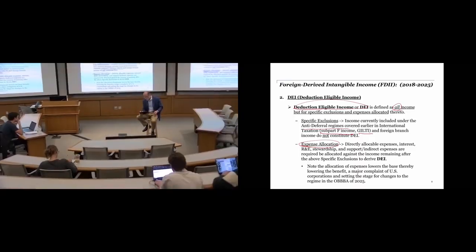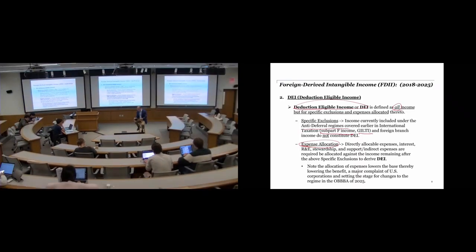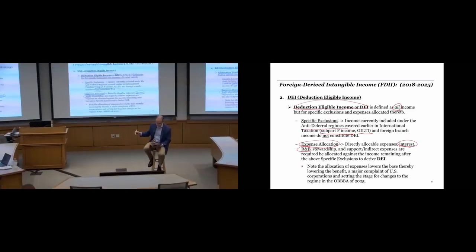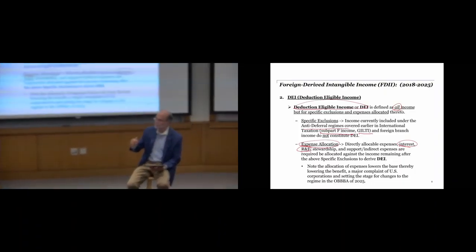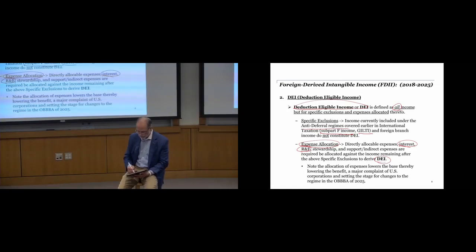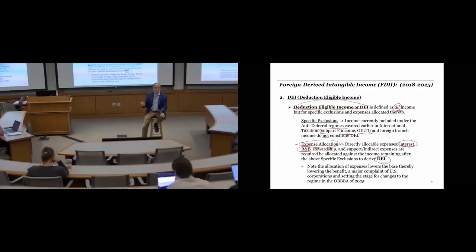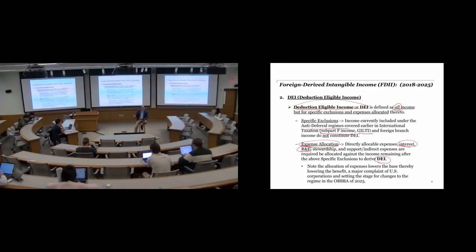Now I do have to do expense allocation. Directly allocable expenses are the expenses that directly relate to that income. Interest, R&E, stewardship, and support indirect expenses are required to be allocated against the income remaining after the above exclusions to arrive at DEI. When I allocate expenses against this number, what is that doing?